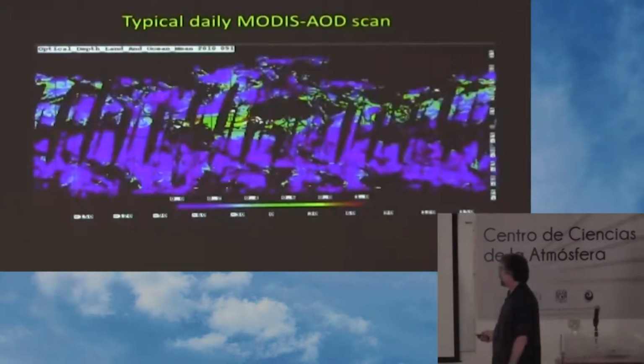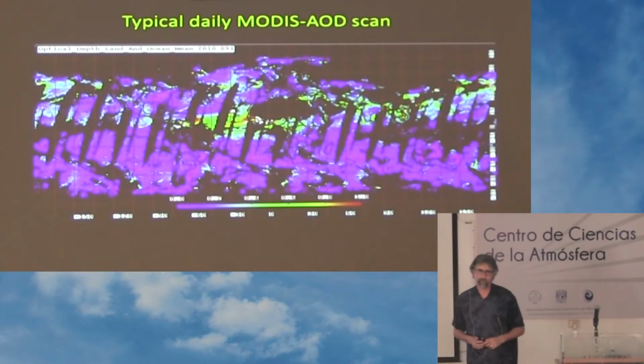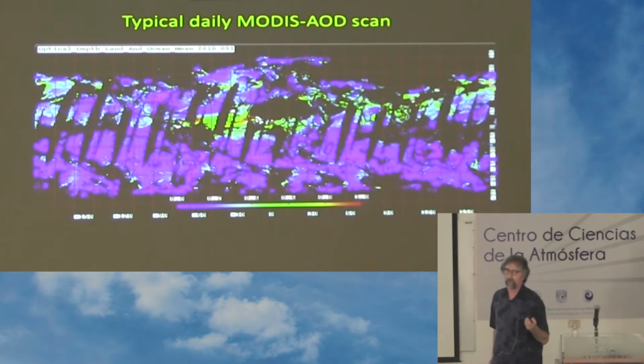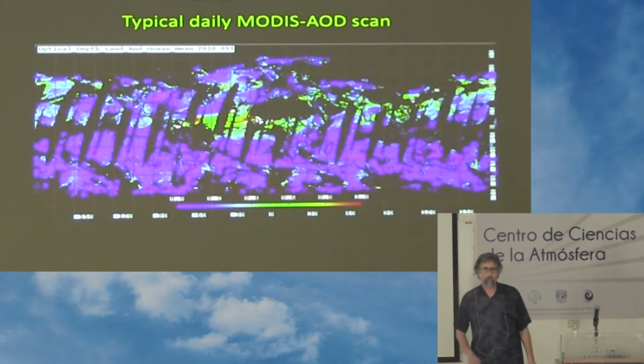Now there are some problems with this method, some logistical problems. This is the aerosol optical depth field for one particular day, and it's the whole world here. The coverage over the whole world is pretty good, but it's not perfect. There are some areas where there are no data, because the satellite was on the other side of the Earth at the time.